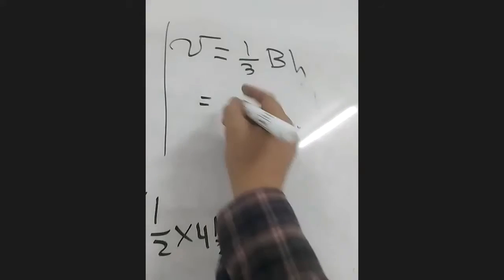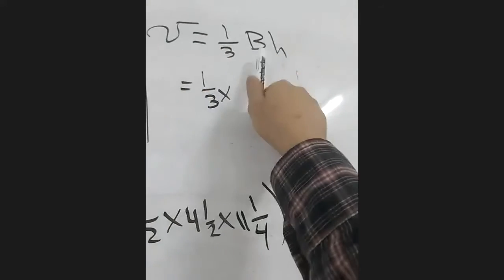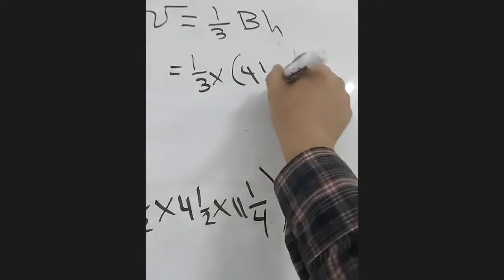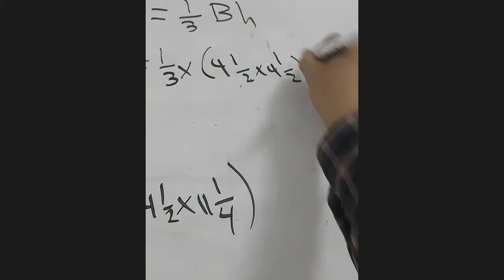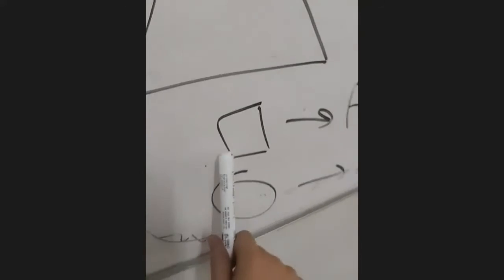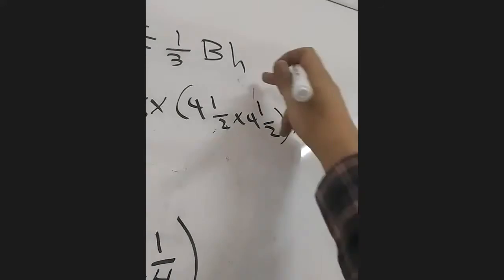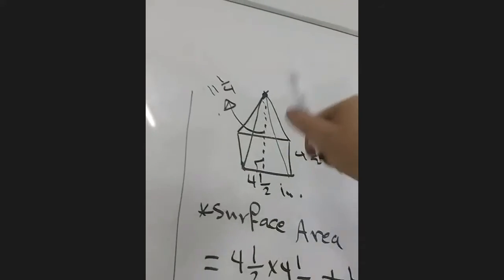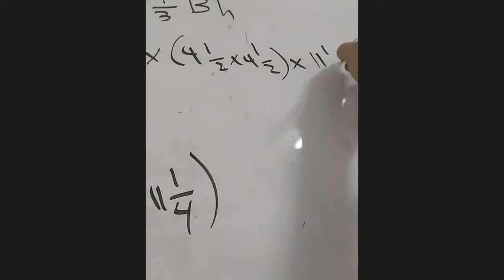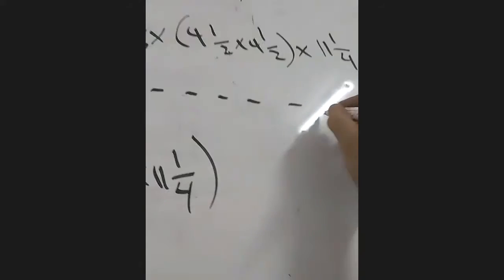So 1/3 comes down and the base area is 4 and a half multiply 4 and a half because it is a square. Multiply what? Multiply the height, which is 11 and 1 over 4. By calculator, find the answer.